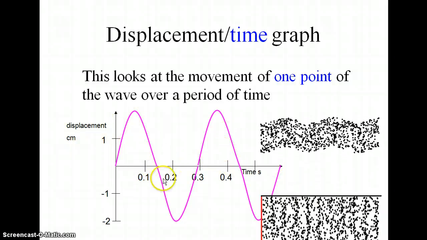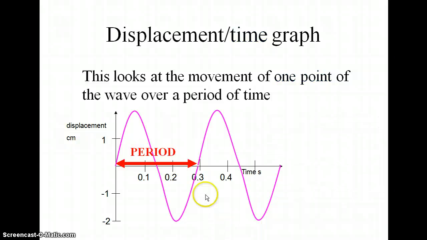So, if we look at this graph here, we can see this length here represents the period of the oscillation of the particles, the time it takes for one complete oscillation. And we can remember that because the unit of the x-axis here is time. So this distance here actually represents a time.